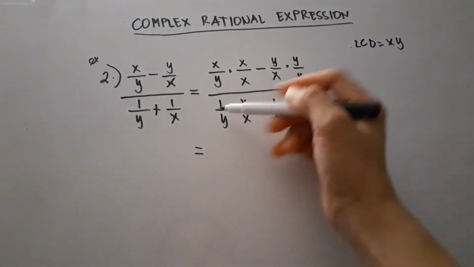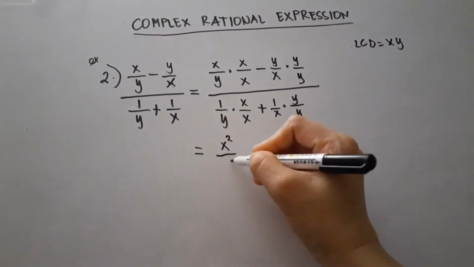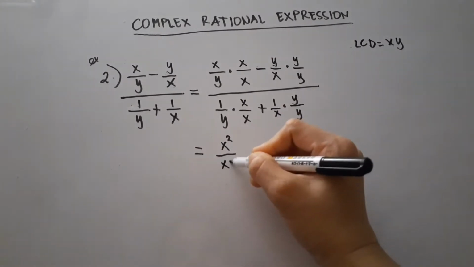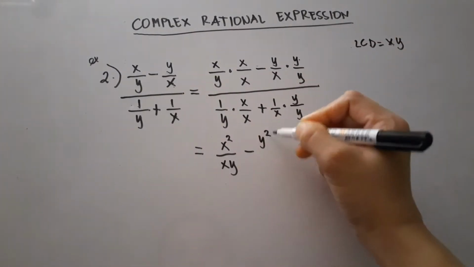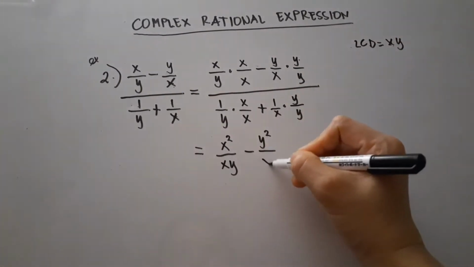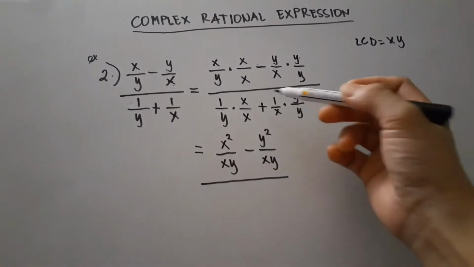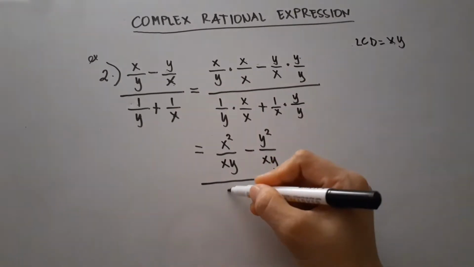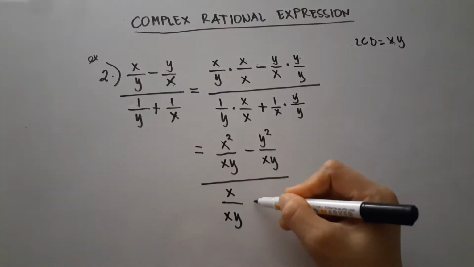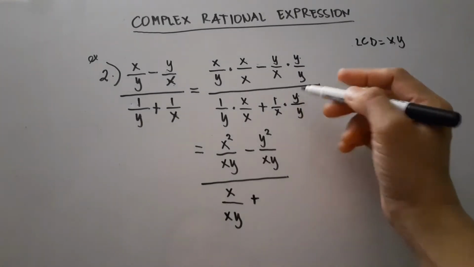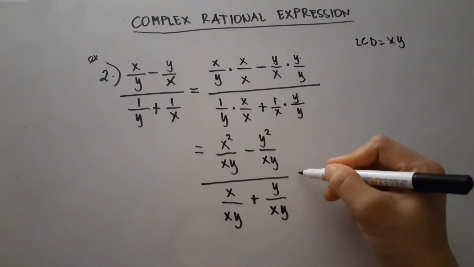We have x times x becomes x² over xy, the LCD, and then y times y becomes y² over xy. Under the denominator, we have 1 over y times x becomes x over xy, then y times 1 becomes y over xy.